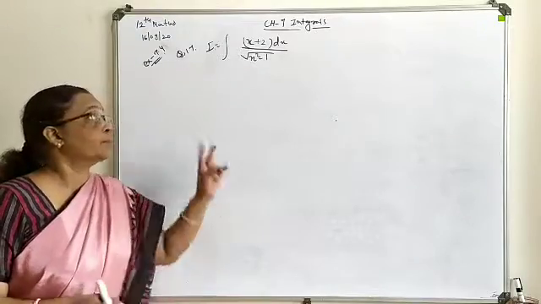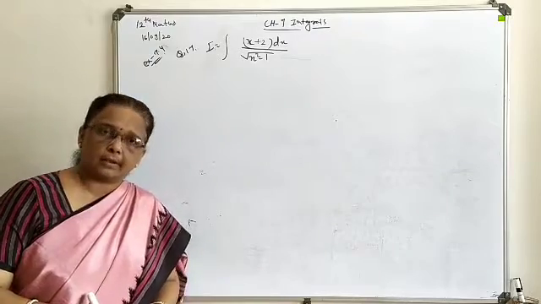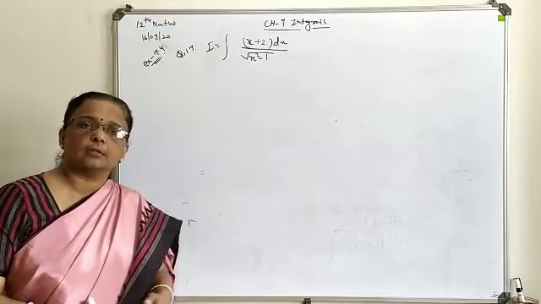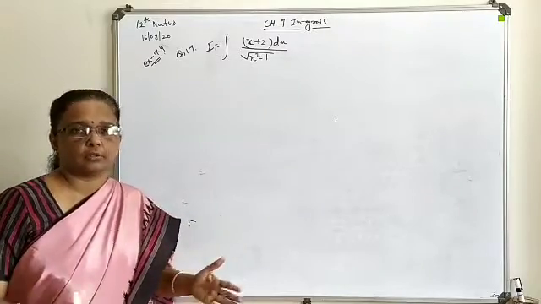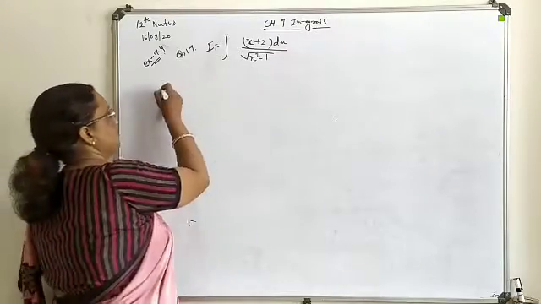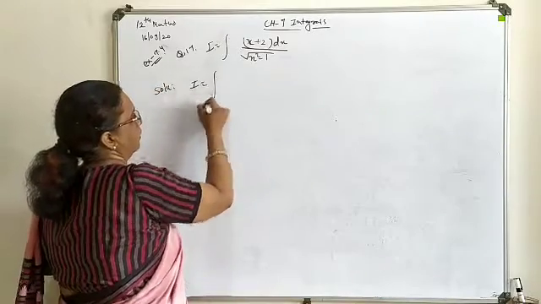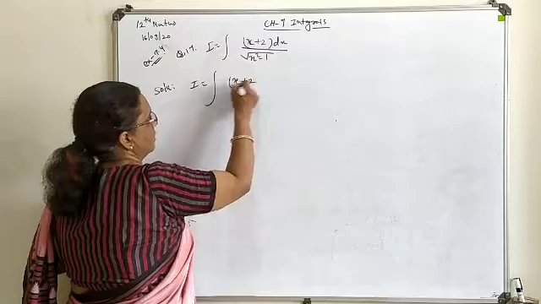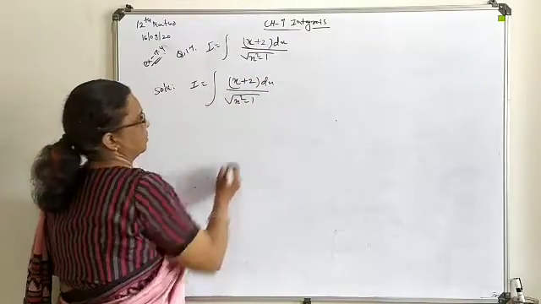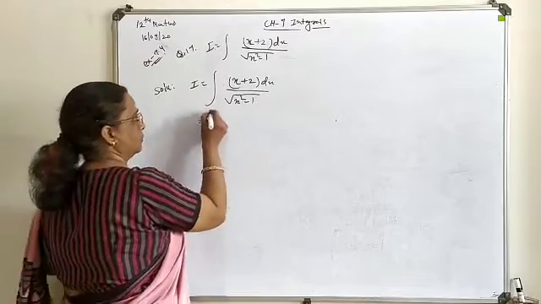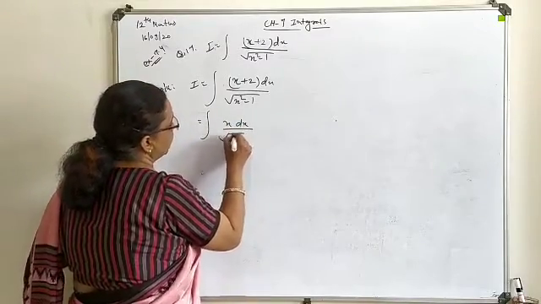So first of all, split these two terms, taking the numerator as x in one and the second term containing the numerator as 2. So first make your question split. So this is the I, x plus 2 dx upon under root x square minus 1. Make it split first. x dx and 2 dx, entirely two separate terms we will write.